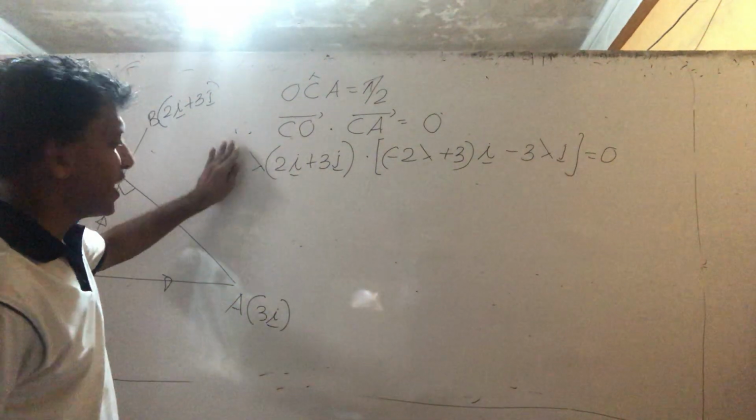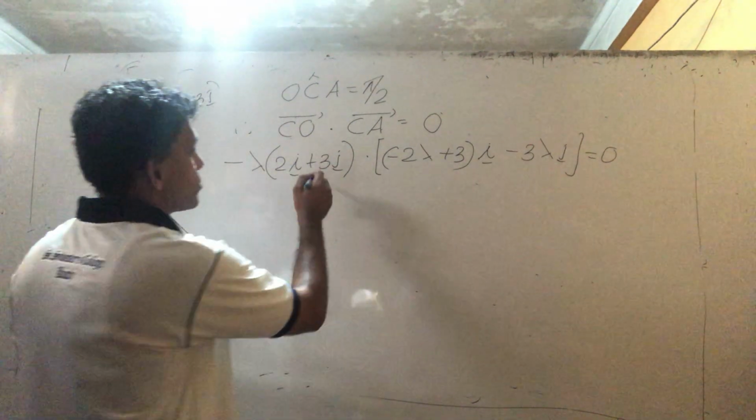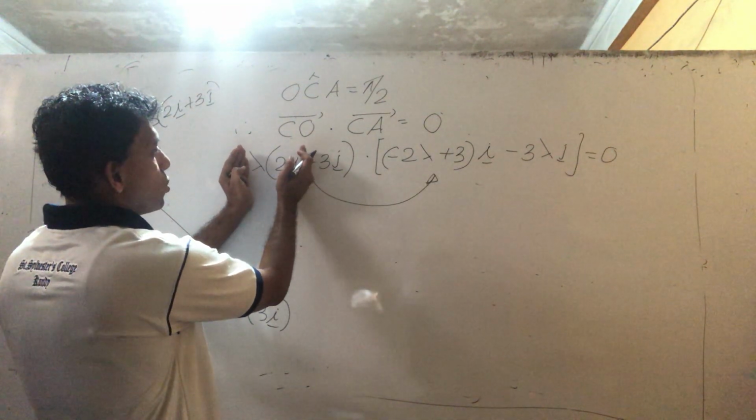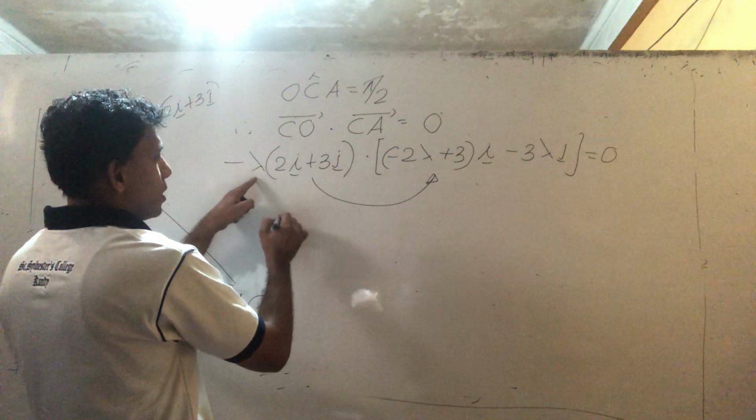So you can neglect this minus, not a problem here. Multiply this bracket with this one.